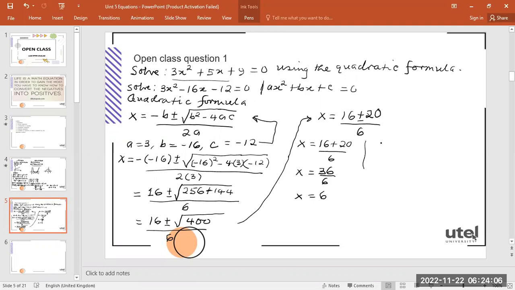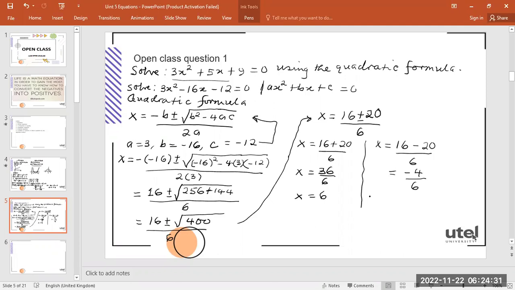The second solution is going to be for the negative. It means x is going to be equal to 16 minus 20 divided by 6. And of course, because 20 is larger than 16, 16 minus 20 will give you minus 4, divided by 6.